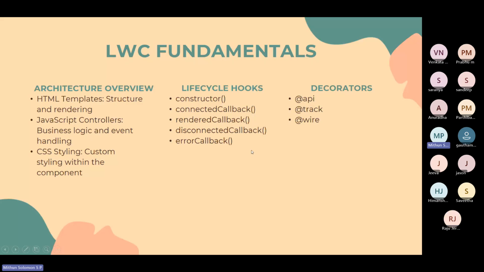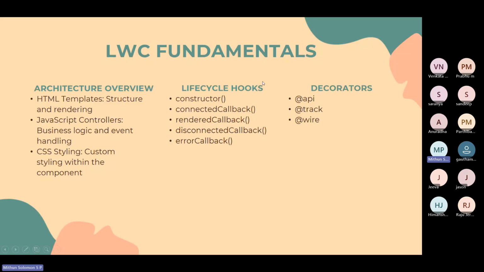So there are lifecycle hooks, which means there are methods that get invoked throughout the life cycle of the LWC component, right? So there are five methods that are being called, which are constructor, connected callback, rendered callback, disconnected callback, and error callback. So the constructor is invoked when the Lightning component is created as an instance, right?